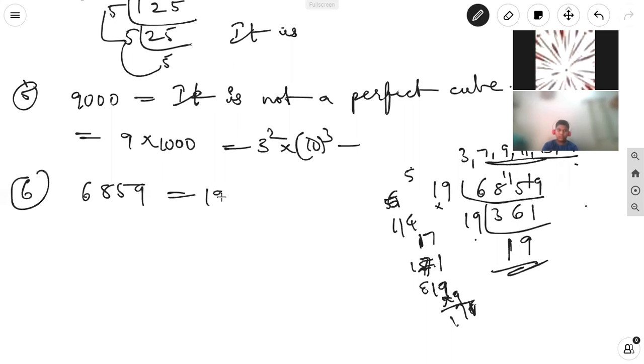Here it is equal to 19 cube. It is a perfect cube.